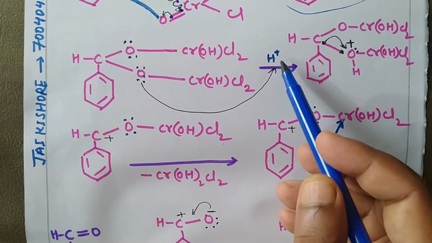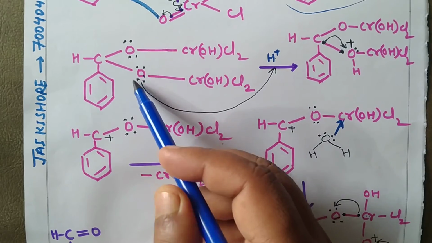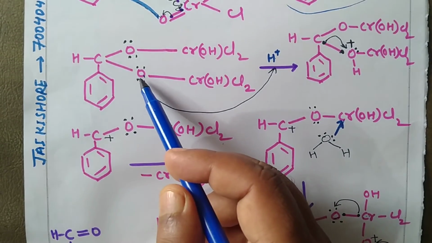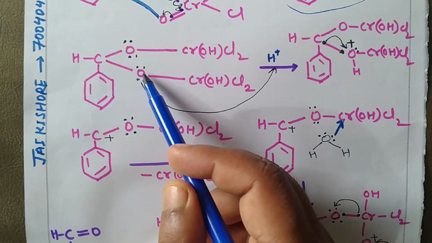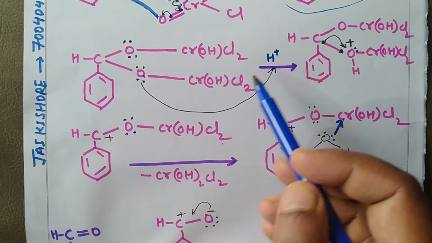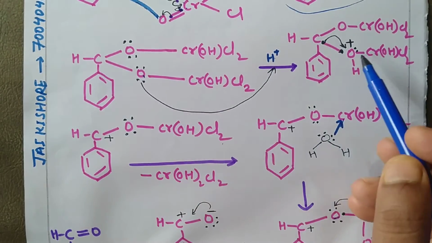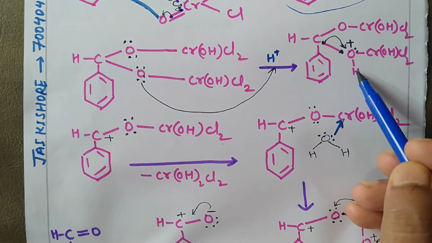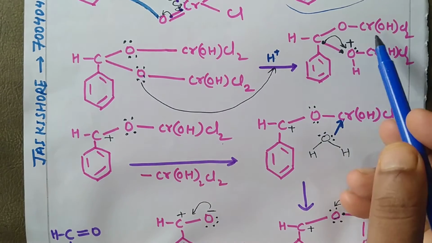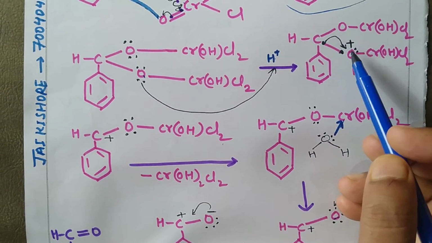So H plus will pick the electrons of oxygen, because oxygen has 2 lone pairs of electrons. One of the oxygen atoms supplies electrons to H plus. As a result, an O-H bond will occur. You can see that O-H bond here. And since oxygen has given an electron, it becomes positively charged. You can see the oxygen becomes positively charged.